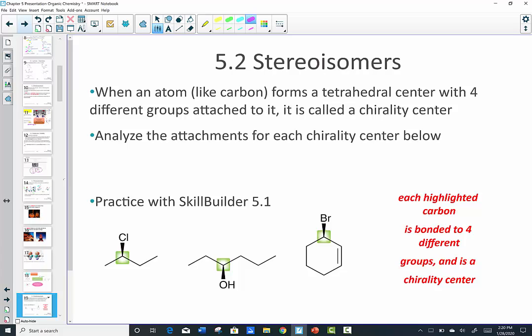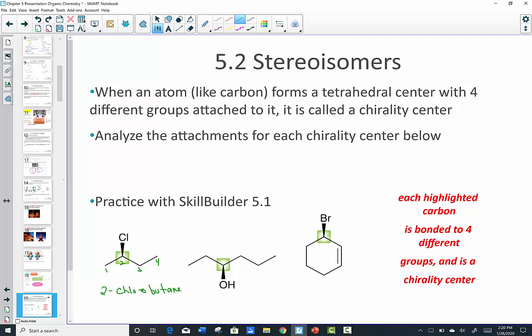When an atom forms a tetrahedral center with 4 different groups attached to it, it is known as a chiral center. You need to analyze the attachments to determine if it is indeed a chiral center. So for instance, here we have a compound. I have a 1, 2, 3, 4 carbon chain. This would be named 2-chlorobutane. However, does it exhibit a chiral carbon?